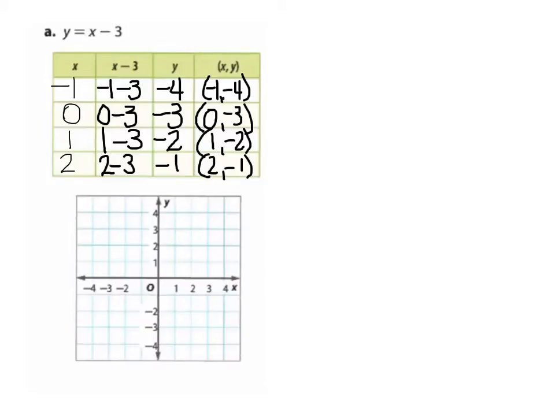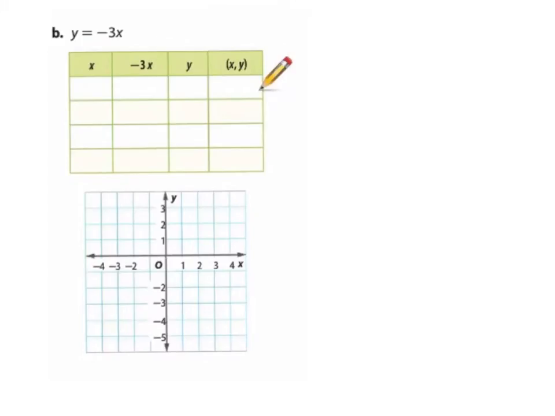Our first ordered pair is (-1, -4). Our next ordered pair is (0, -3). Next one, (1, -2). And our last is (2, -1). If I connect my dots, you can see that my line is a straight line.